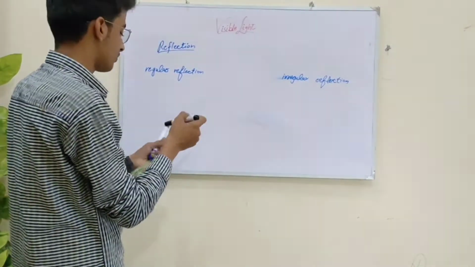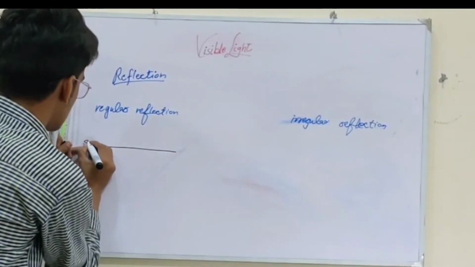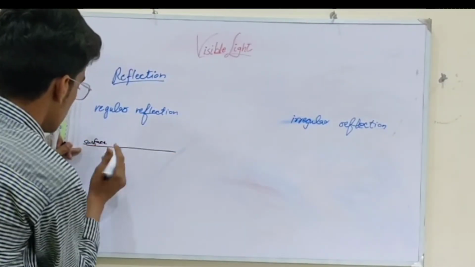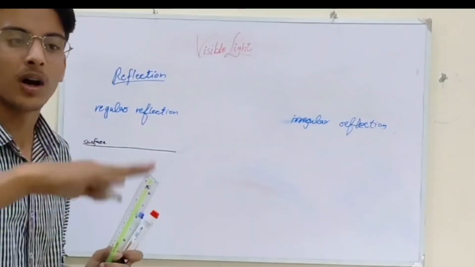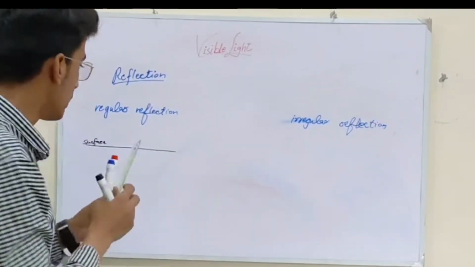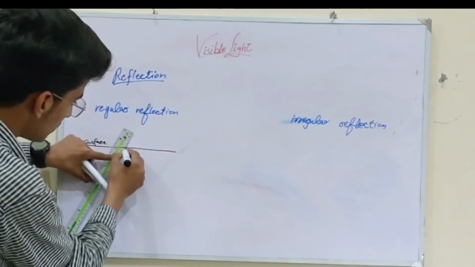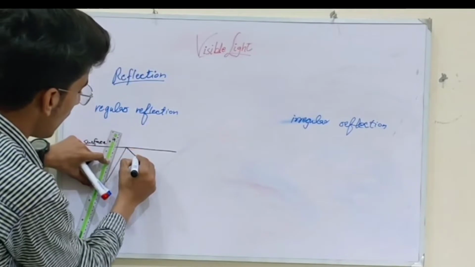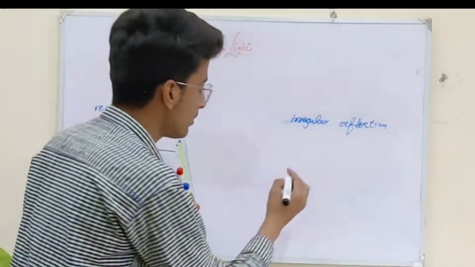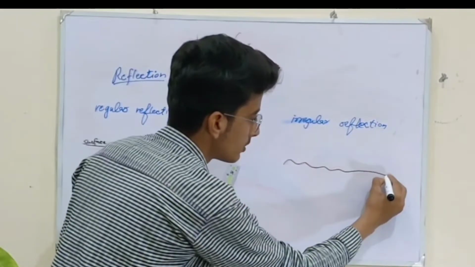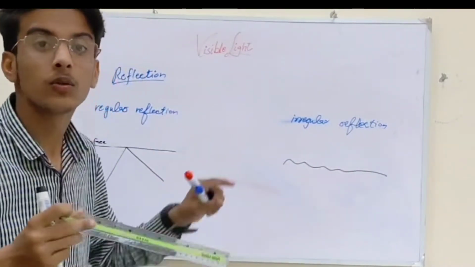A polished surface means it is plain and does not have any bumps. When a ray strikes this surface, there would be a regular reflection. But if the surface is irregular, then the reflection won't be regular, it would be irregular.